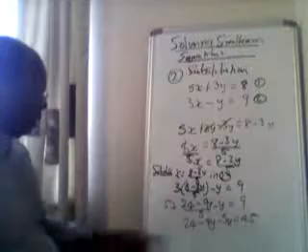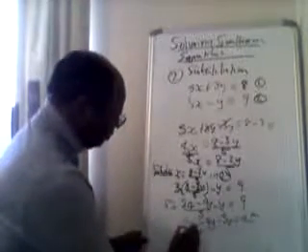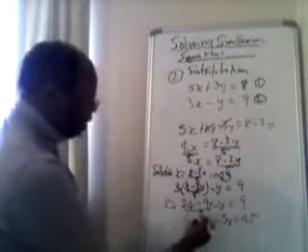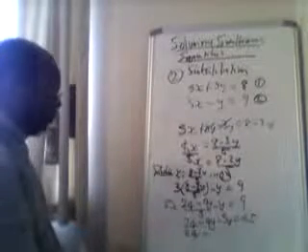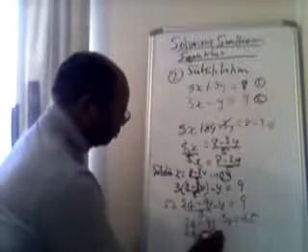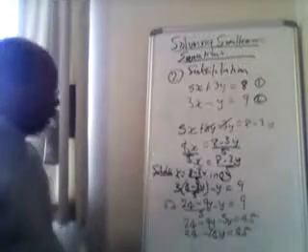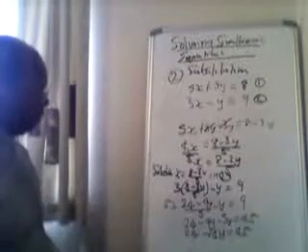Okay, so I need to put all these together. So I'm going to have 24 minus 9y minus 5y, which is minus 14y, equals 45. Next I need to subtract 24 from both sides.